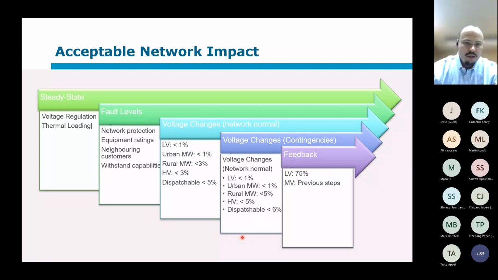And then feedback. This is up into your higher voltage part of your network. For low voltage transformers, the recommendation is similar to the NRA 097-2-3, that you stick to 75% of the transformer rating. There are two main reasons for this. The first is that an inverter always has some DC offset in the current or voltage.